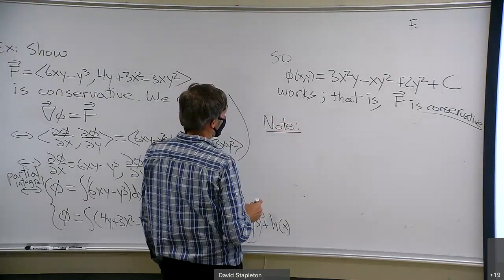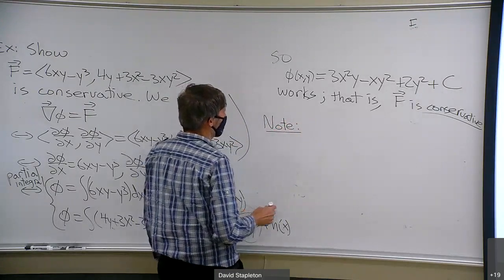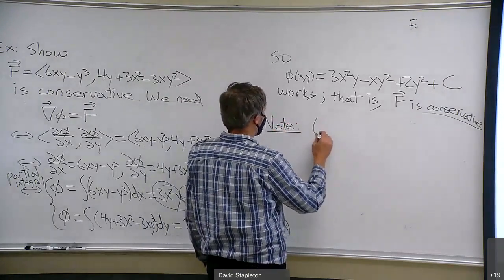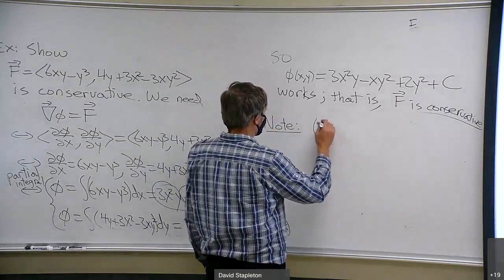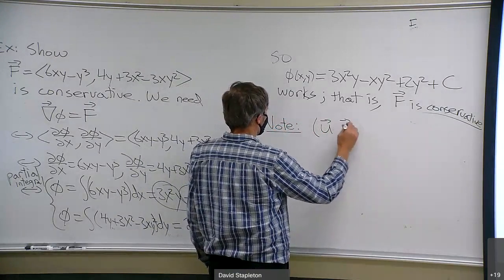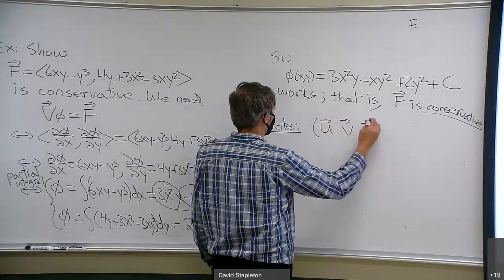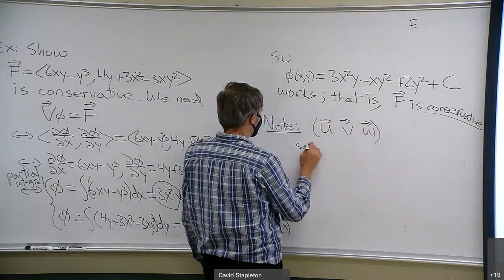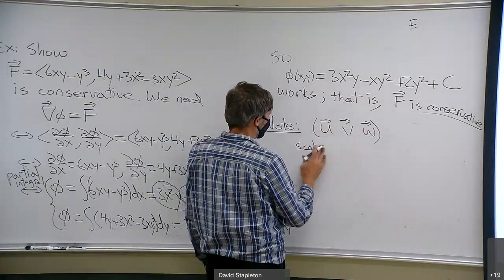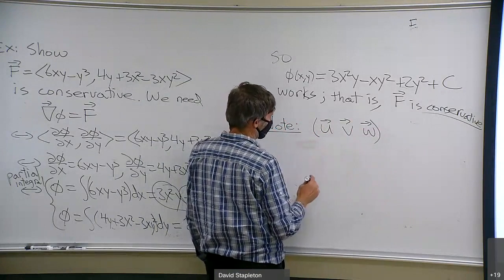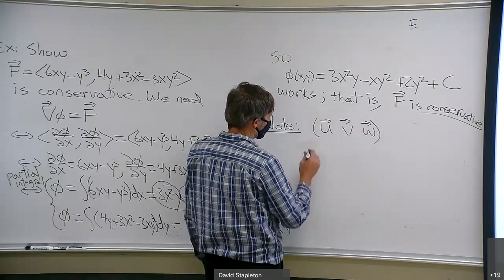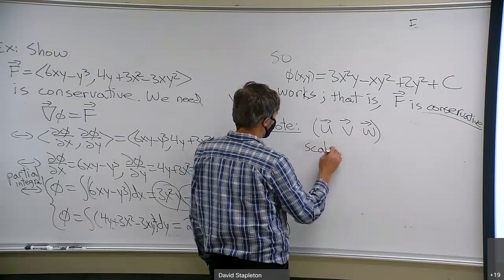Do you remember the scalar triple product? You could take three vectors, U, V, W. Sometimes they put commas between these. The triple product of vectors, or scalar triple product.